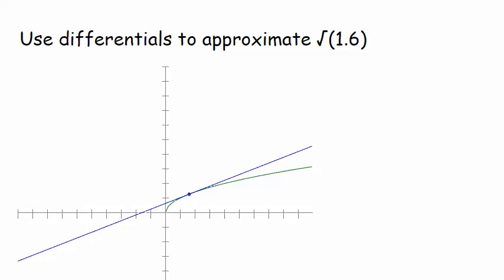So let's say, for example, I'm going to write it like this. f of 1.6 is equal to the square root of 1.6.